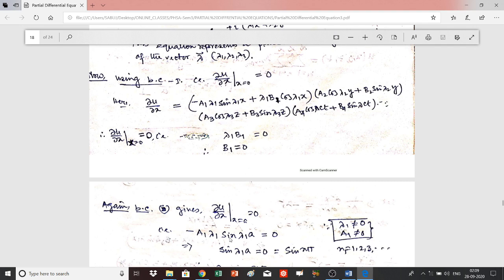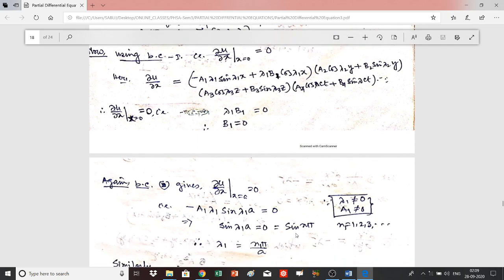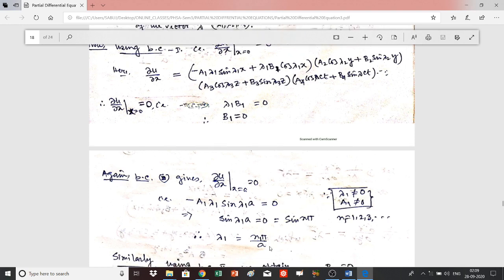So from here you can write minus a1 lambda 1 sine lambda 1 a is equal to 0. Since lambda 1 is not equal to 0 and a1 is not equal to 0, you can write sine lambda 1 a is equal to 0, that is sine n pi, n is equal to 1, 2, 3, etc. Or here lambda 1 is equal to n1 pi by a. So lambda 1 is equal to n1 pi by a.